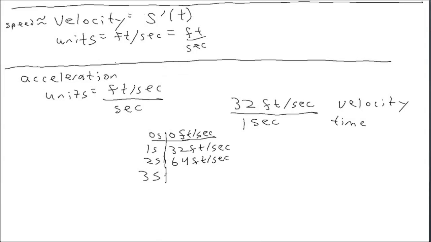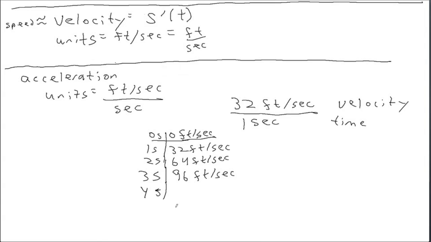So after 3 seconds, how fast will it be moving? Well, another second will have passed, so the velocity will have changed by 32 feet per second again. So it would be 64 plus 32, which is 96 feet per second. So let's see if we're getting the hang of this. How would you calculate how fast the object would be moving after 4 seconds?